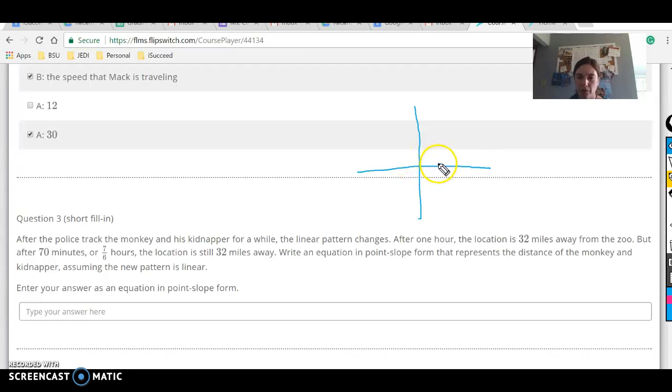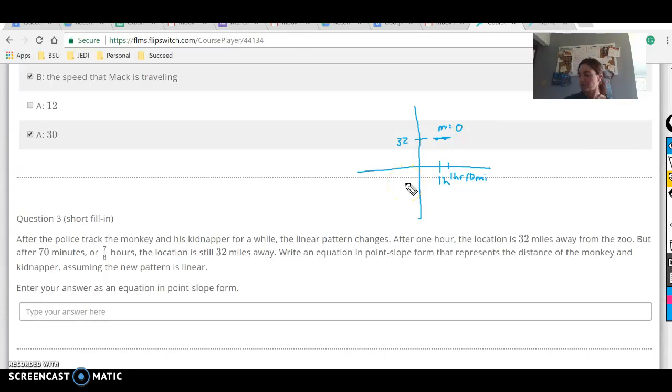After 1 hour, he's 32 miles away. But then after 1 hour, 10 minutes, he's still 32 miles away.